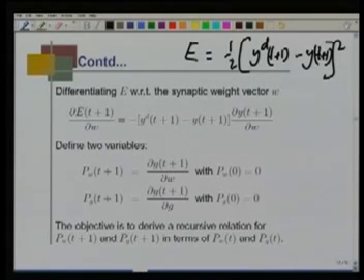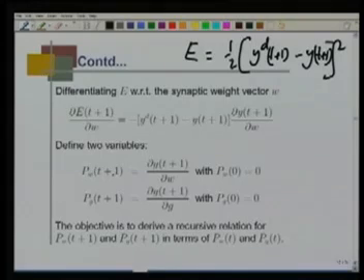Now we will define two terms which are actually gradient terms. Pw t plus 1 is the gradient term at t plus 1, defined as del yt plus 1 upon del w, not del E. Please note, it is del y, the response of the unit or neuron.